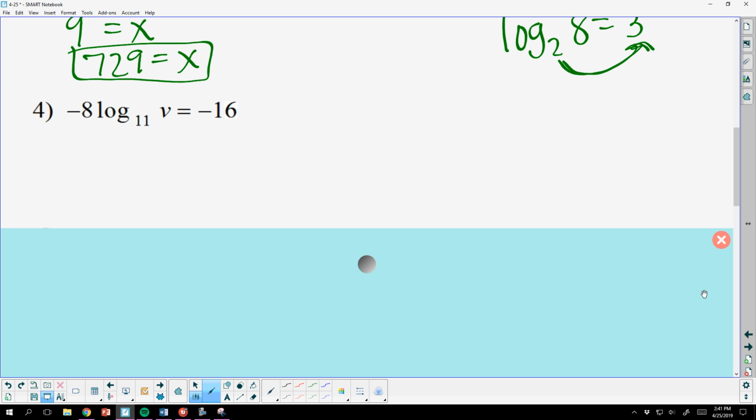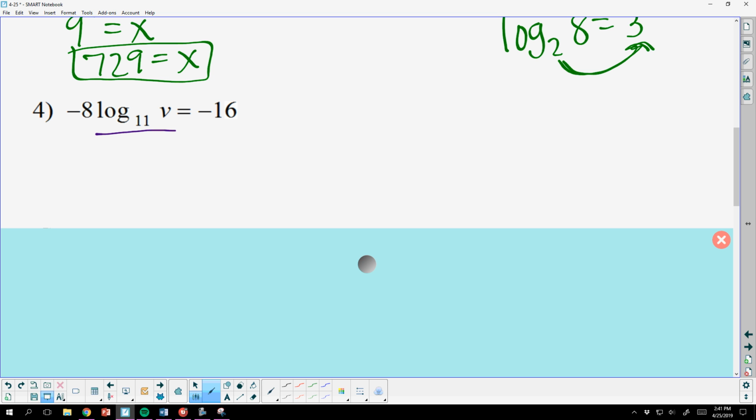All right, so what we want to do is get the logarithm by itself. So what should we do to get rid of the negative 8?